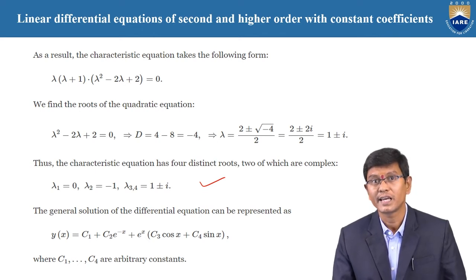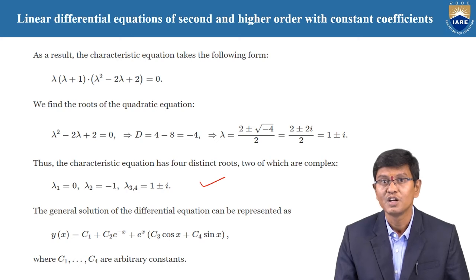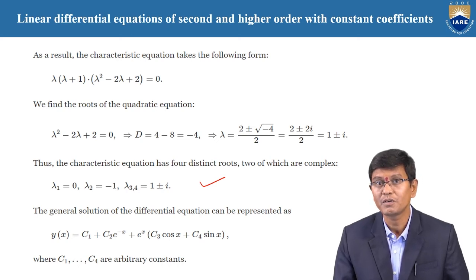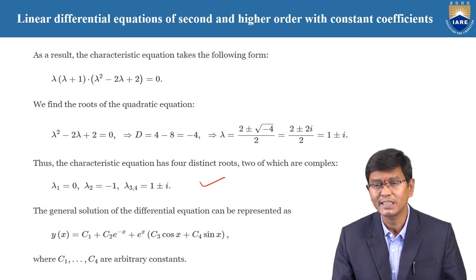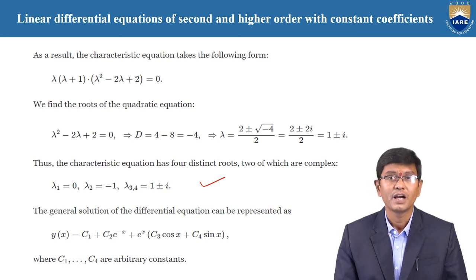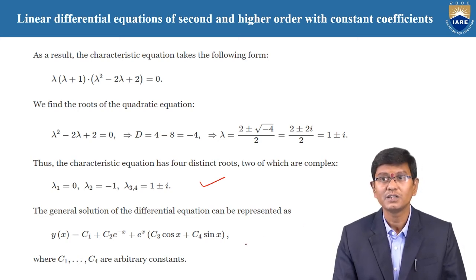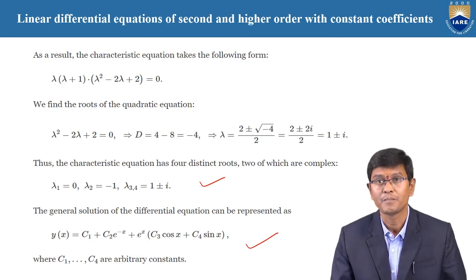That means case 1 together with case 3. Therefore, you need to write y of x is equal to c1 plus c2 e power minus x plus, with the help of the complex roots, e power of x into (c3 cos x plus c4 sin x). And here also c1, c2, c3, c4 are the arbitrary constants.